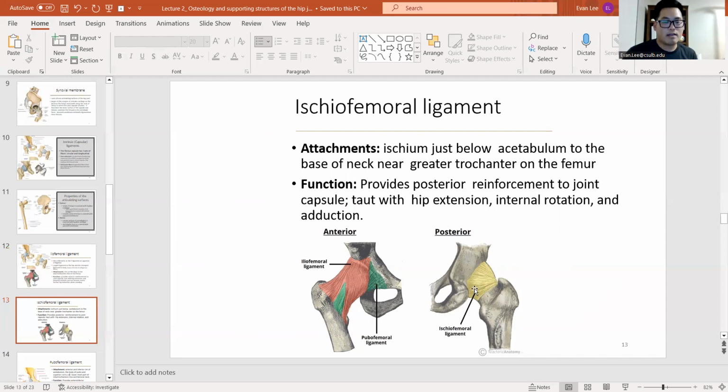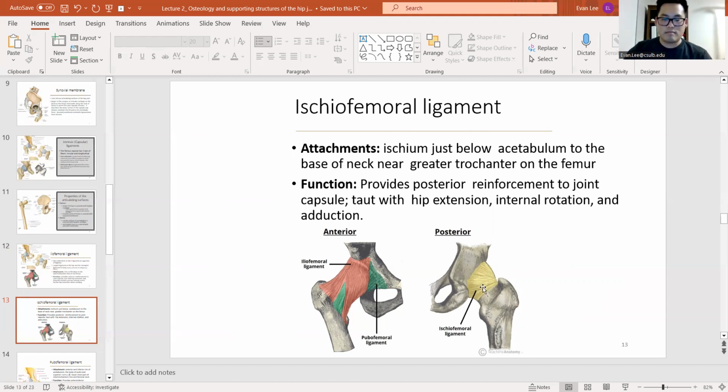It's in the back and bottom of the coxal bone. So on the back and bottom of the coxal bone, this is where you'll have the ischiofemoral ligament. So ischium is back here, femoral over here. You can see it attached from ischium across the acetabulum over to, in this case, the neck of the femur.